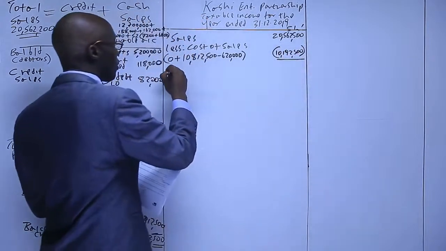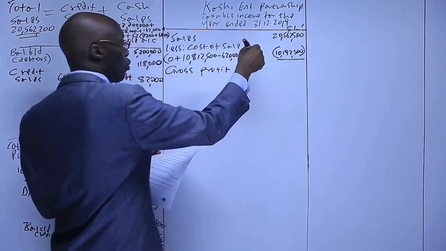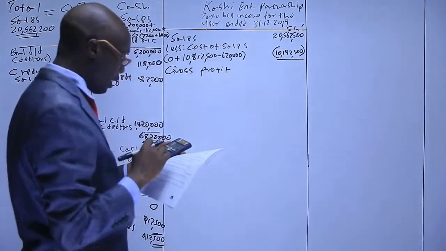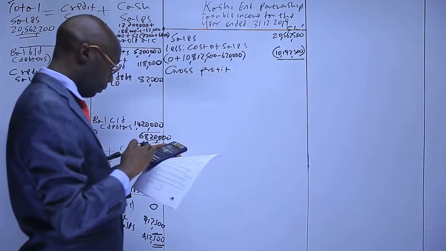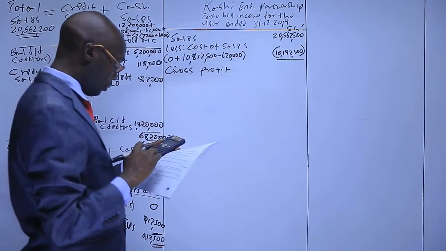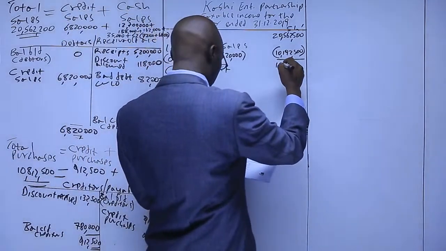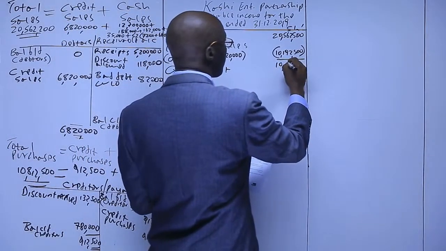And then we can get the gross profit. Gross profit will be, we minus that from 20,562,500. And that gives us 10,370,000.